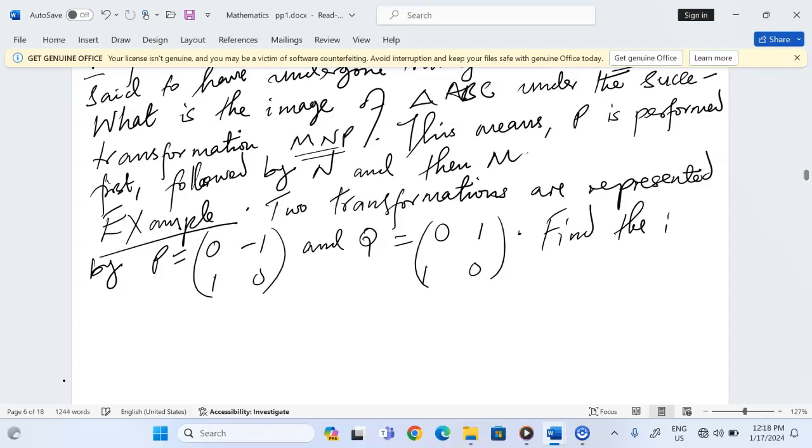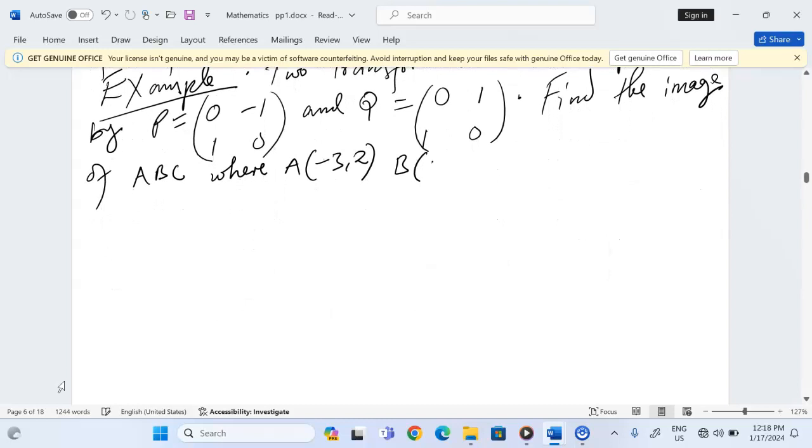Find the image of triangle ABC where coordinates of A are -3, 2. The coordinates of B are -3, -1, and those of C are equal to -1, -1.